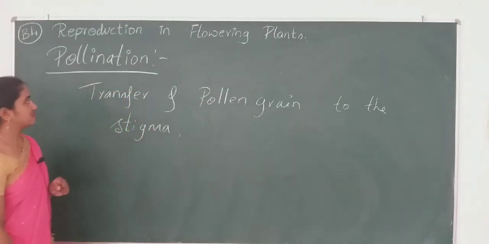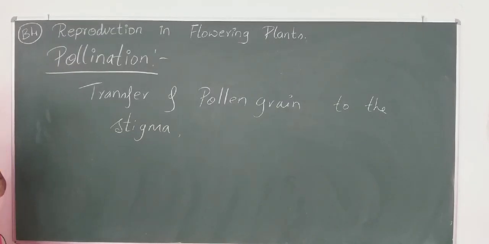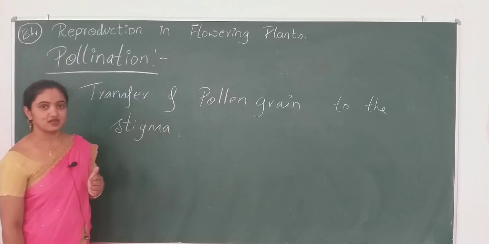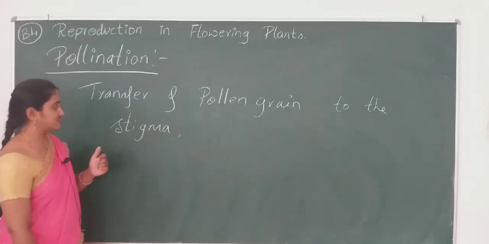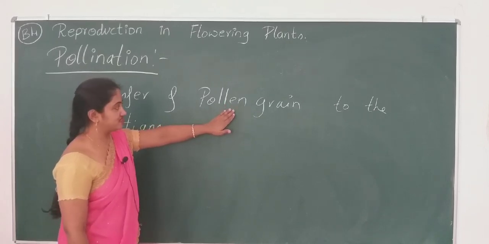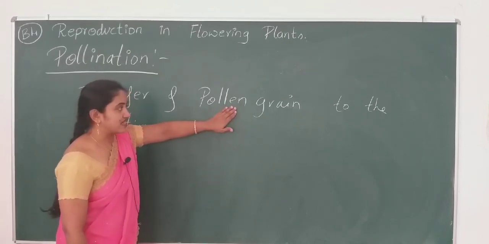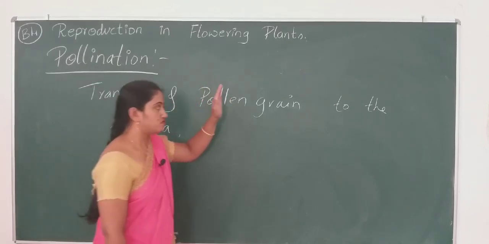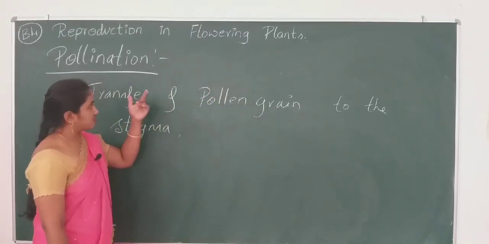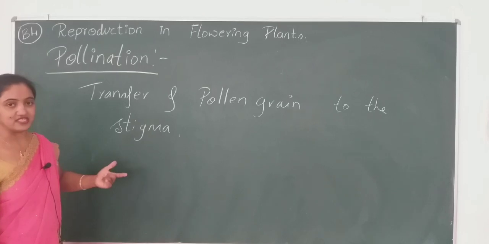This is pollination. As I told you, the male and female gametes are both non-motile structures. They need some agents to carry pollen grains. Those agents are pollinating agents or pollinators. We are going to study that also in this part.